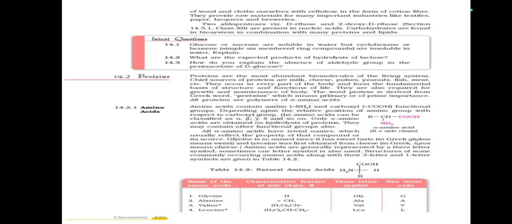The aldopentoses D-ribose and 2-deoxyribose, section 14.5.1 of class 12, are present in nucleic acids. Carbohydrates are found in biosystems in combination with many proteins and lipids.